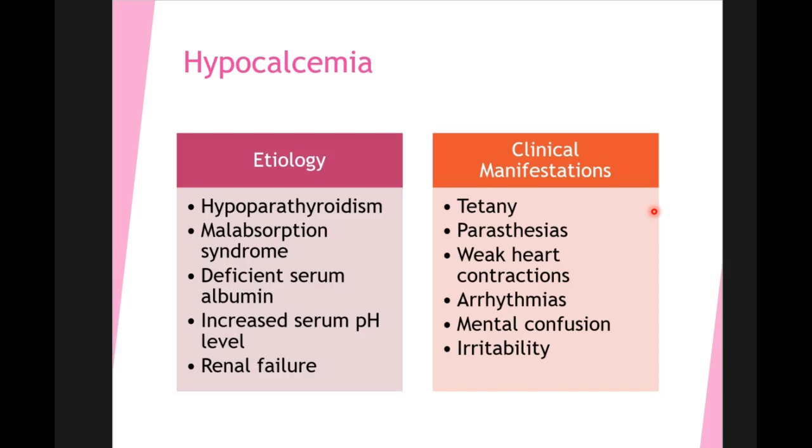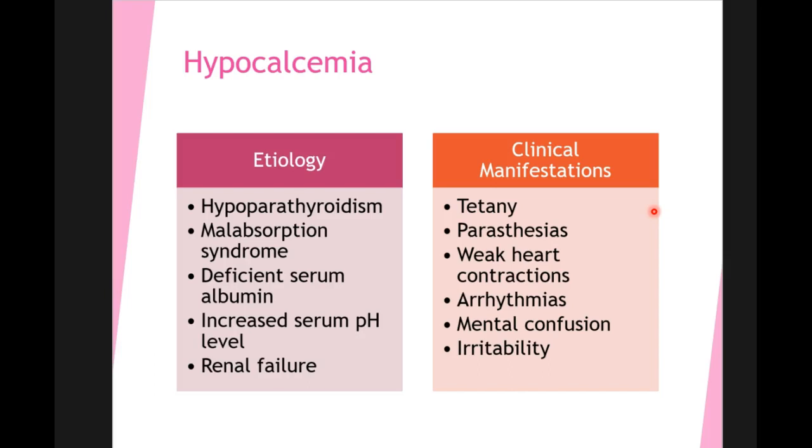I put some videos of those up so you can see an exam. It's better for you to see it than for me to try to explain it, and that's related to the increased permeability and excitability of the nerve membranes.